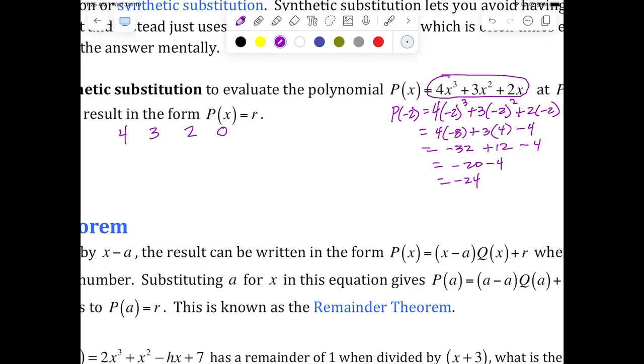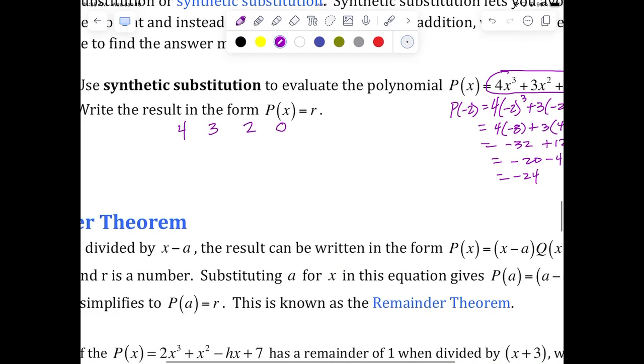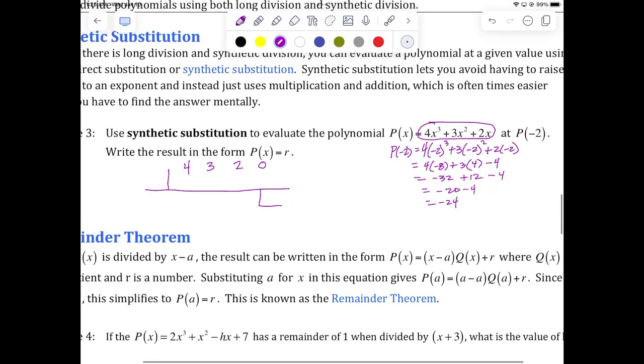You need a 0 at the end because there's no constant. You can have a placeholder at the end. All right, now I'm going to draw that line underneath, and I'm going to put that box out front, and I'm going to put the return box on the bottom. And if I'm trying to evaluate the function at -2, guess what I'm going to put out front? -2.